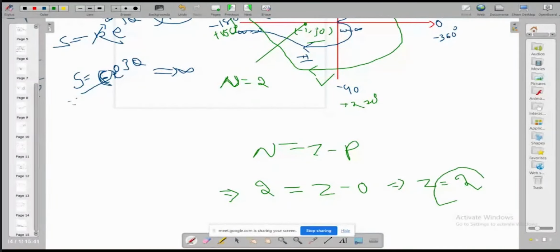Z is equals to 2 means two zeros will lie on the right hand side of the split hence the system is unstable. You can write down as the system is unstable. As z is equals to 2, two zeros will lie on the right hand side of the split.